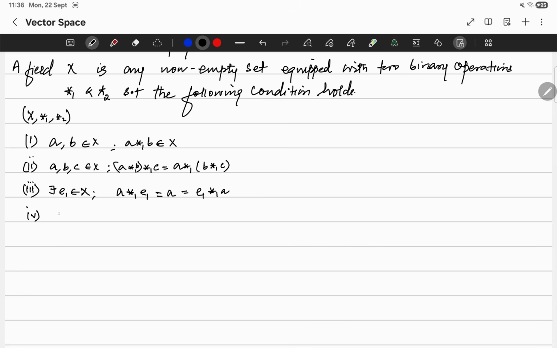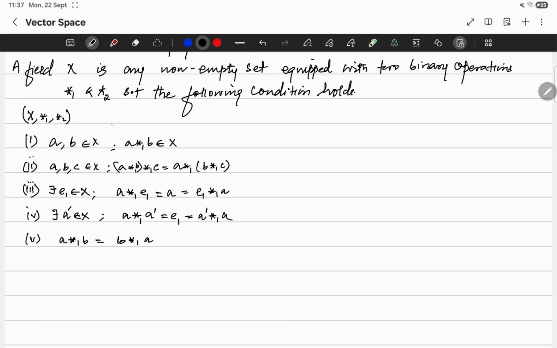The fourth property is that there exists the inverse, which we write as a prime in X, such that a *1 a prime gives you e1, that is a prime *1 a. Also it should be commutative, that means a *1 b should be equal to b *1 a.